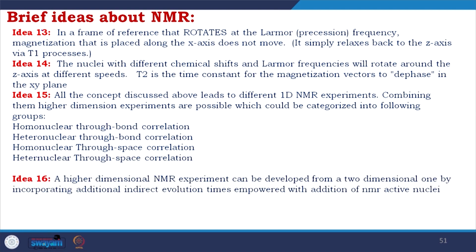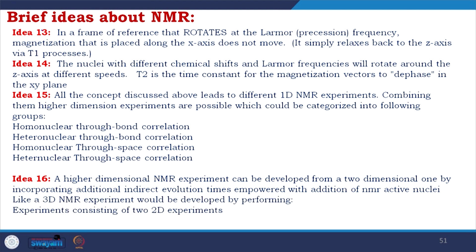Idea 16: a higher dimensional NMR experiment can be developed from a 2-dimensional one by incorporating additional indirect evolution times, empowered with the addition of NMR active nuclei if required. Like a 3D NMR experiment would be developed by combining two 2D experiments, or the triple resonance experiment.